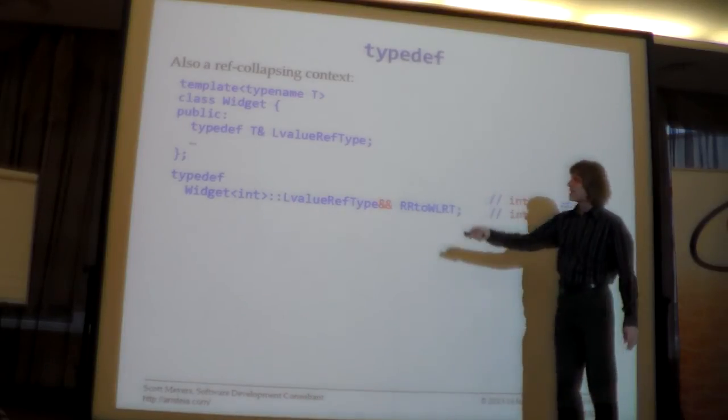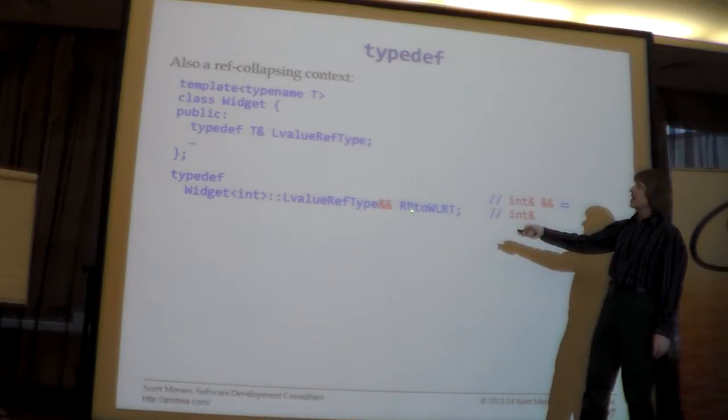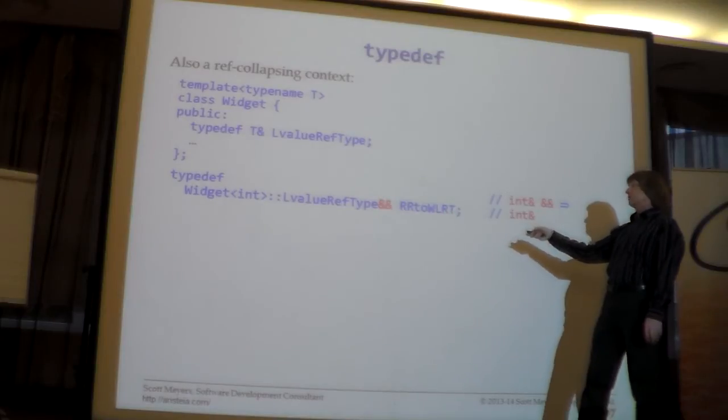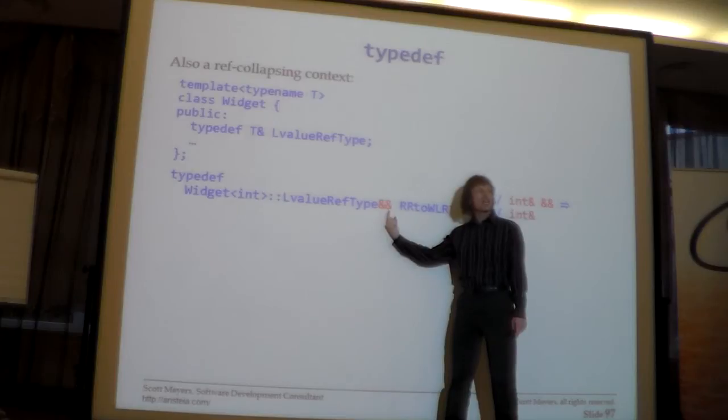So if I now say I've got a typedef for widget of int, L value ref type ref, R value reference to widget L value reference type. This looks like an R value reference.